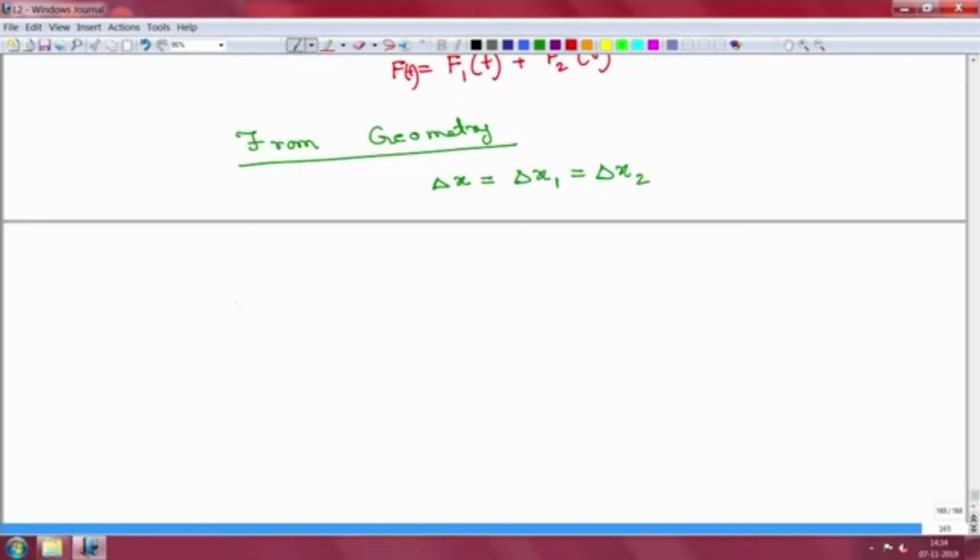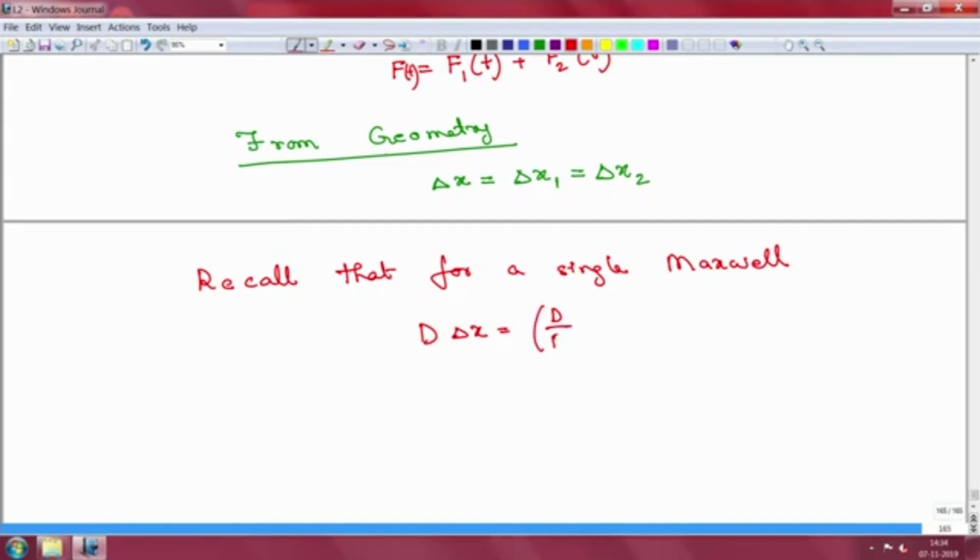Now, recall that for a single Maxwell, the equation that we used to write would be, so for a single Maxwell we would write d of delta x equal to d by E plus 1 by eta times of F. So, we will use this here.